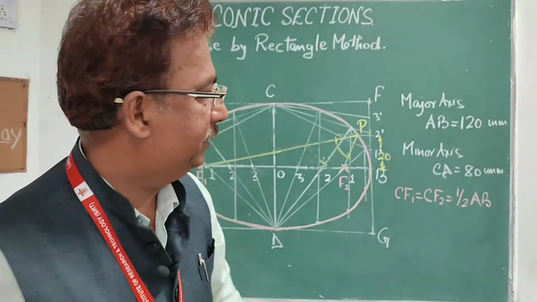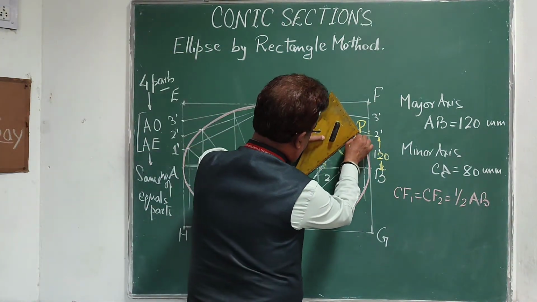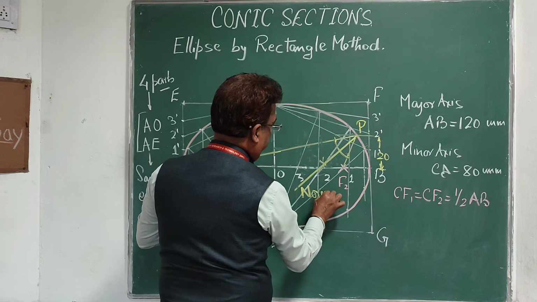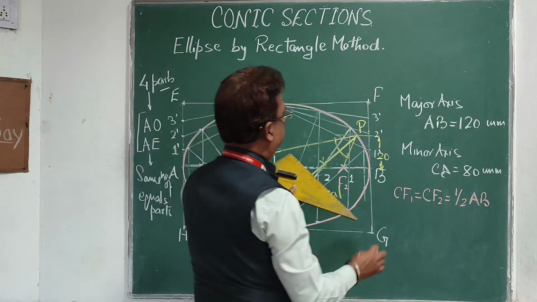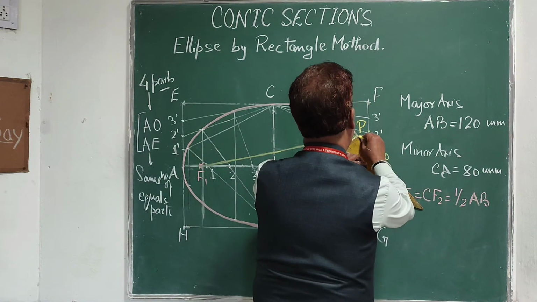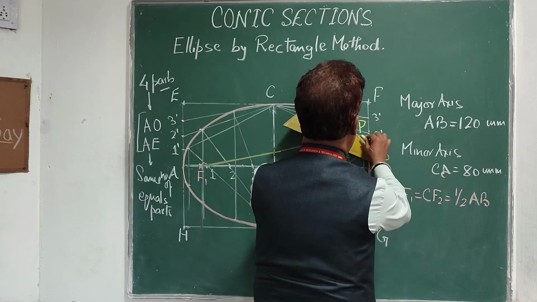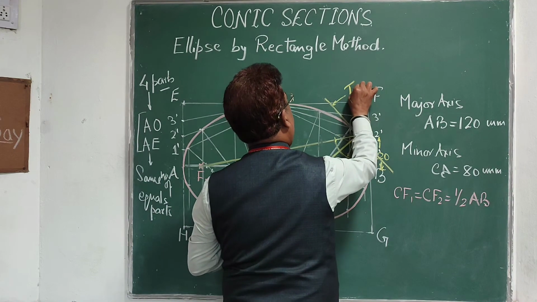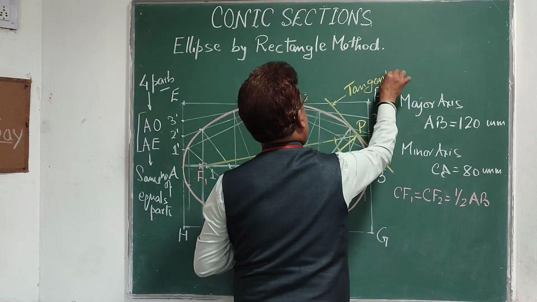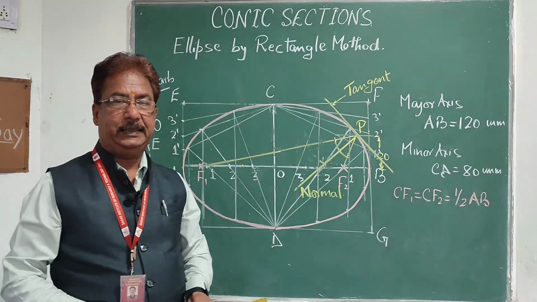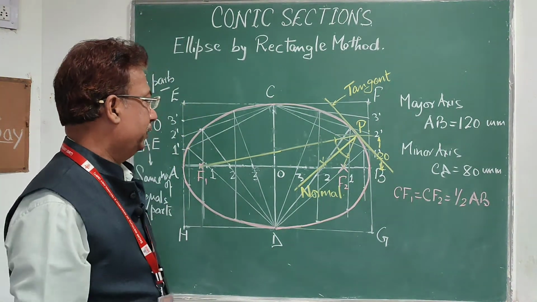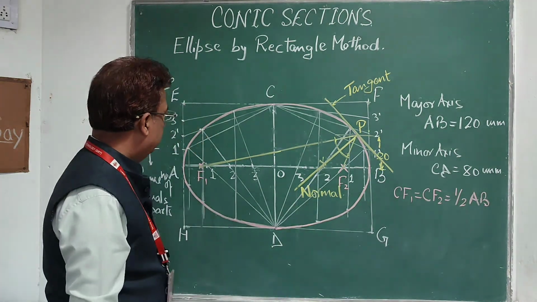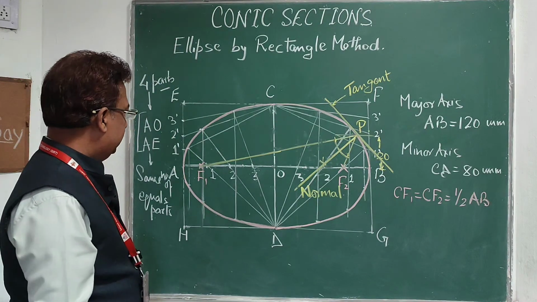Then you can easily bisect this angle, and the angle bisector will be the normal, and perpendicular to this angle bisector, that will be the tangent on the curve. So in this way you can easily draw a tangent and normal on any point on the curve, but for that you have to initially find out the focus F1 and F2.